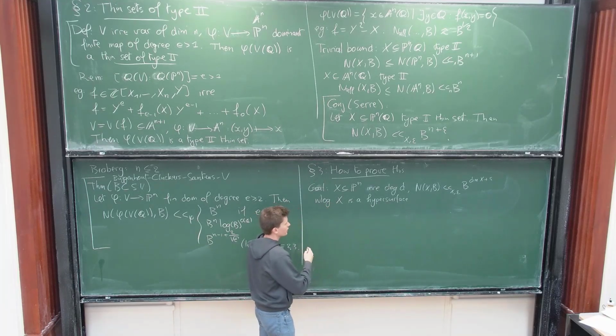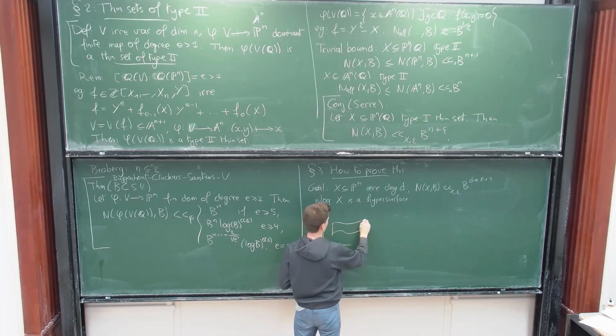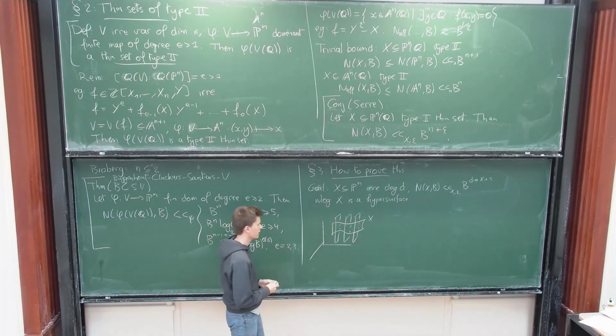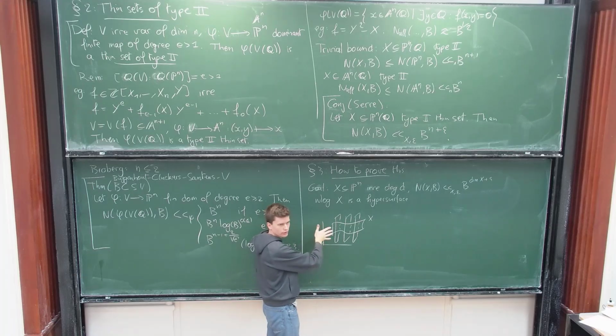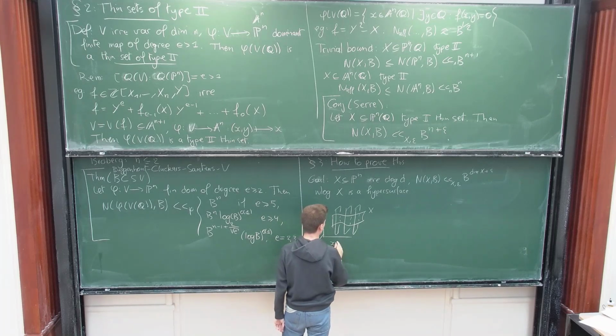So why are affine situations easier to prove? They're more suited to induction arguments. If I draw this image again, with the variety X, if you want to do induction on the dimension of X, one way to do it is to cut with hyperplanes and apply the induction hypothesis on each of these hyperplanes.